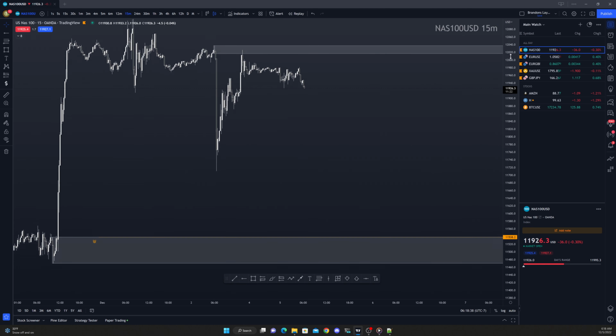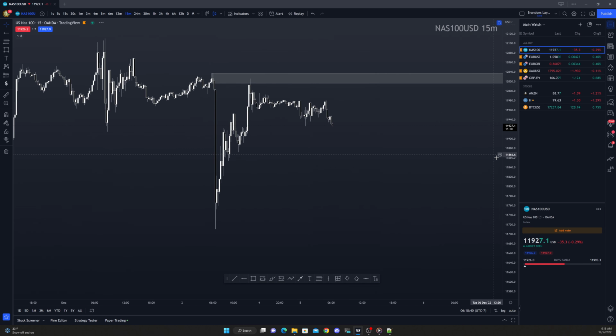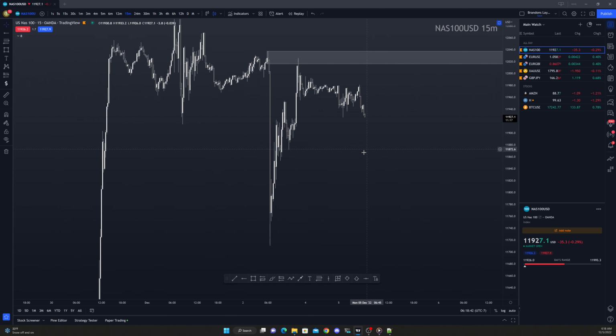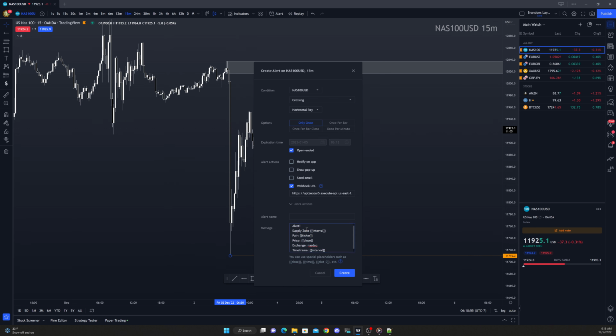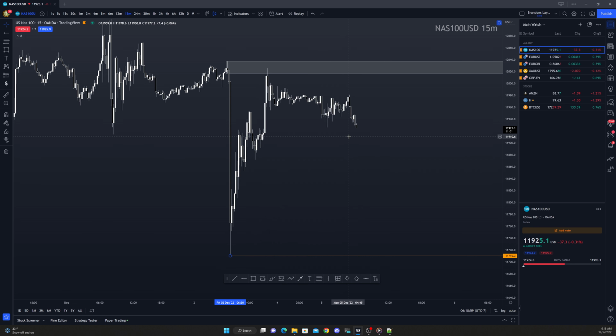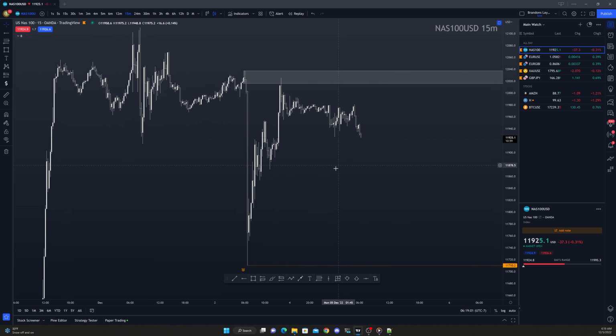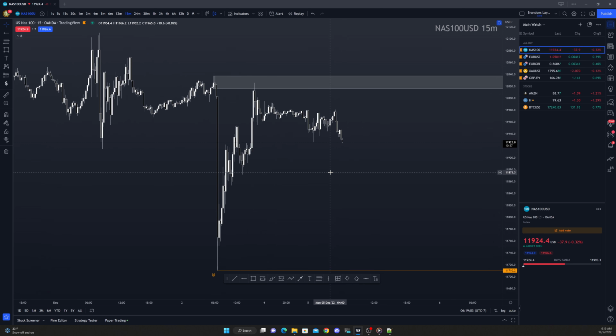Looks like it already tapped in there. To be fair, if we were looking for any trades, we'd have to see a break here. For all intents and purposes, even on the lower time frames, we're not seeing anything that looks good. So I'm going to mark a break of structure here, and let's do a supply zone here as well.